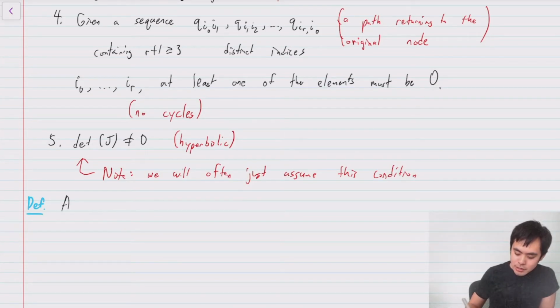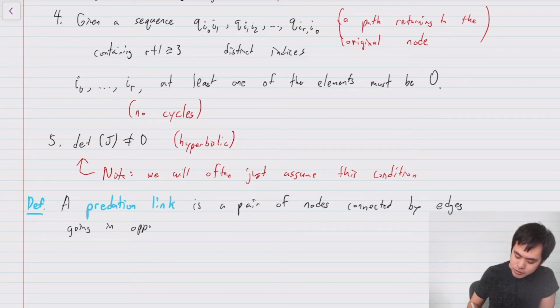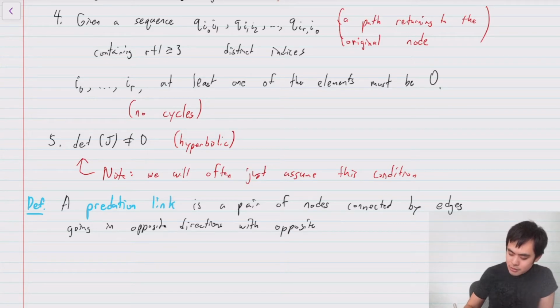So a predation link is a pair of nodes connected by edges going in opposite directions with opposite signs, opposite non-zero signs.